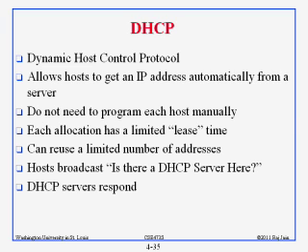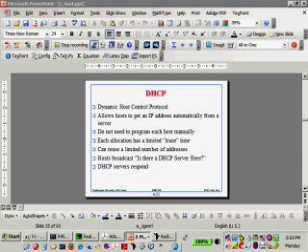So that can be one of two ways, and I have to check it now. One way is that I could broadcast a message, which means it will go to everybody and say, is there a DHCP server here? Or I could multicast the message, which goes to only certain people, and it says, is there a DHCP server here? I think it should be multicast, okay? But I have to check if there is a multicast address for DHCP server. If there is no multicast address for DHCP server, then we can broadcast, right? But I think it should be multicast.